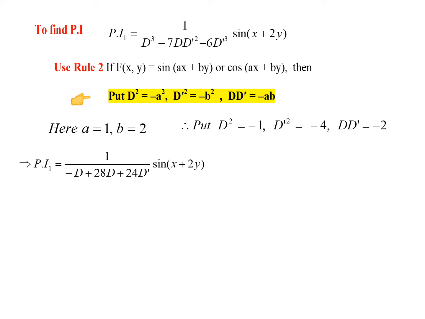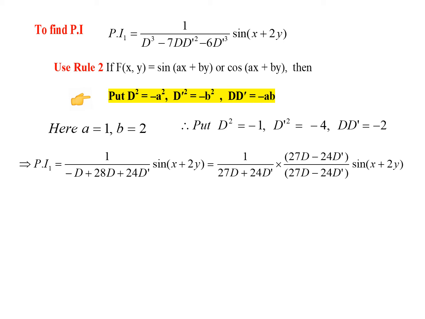That D dash cube you write as D dash into D dash square. In the place of D dash square we can substitute minus 4. So you will have 24D dash. So this is how we get your term 27D plus 24D dash.